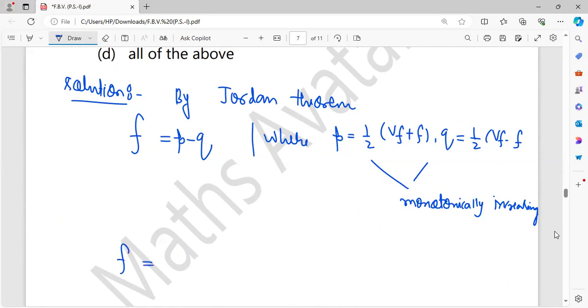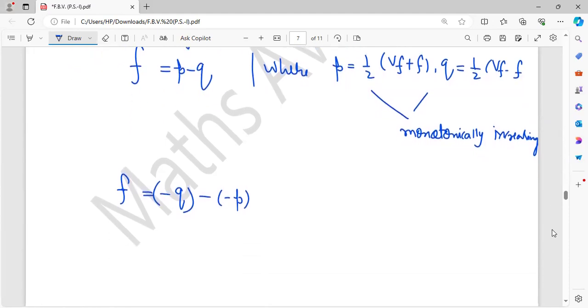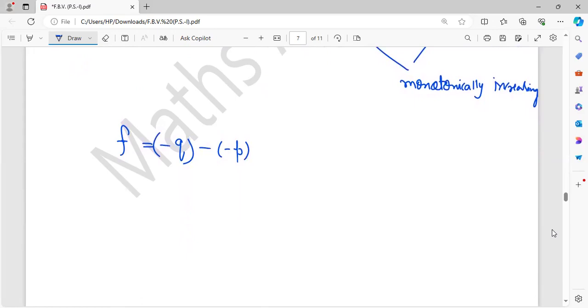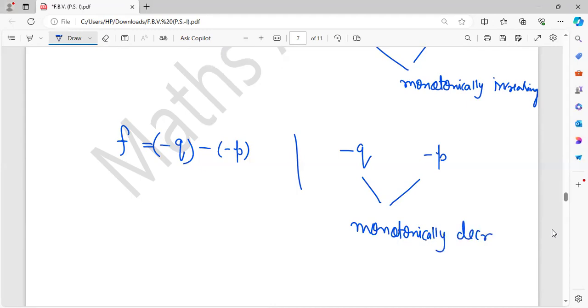So f, I can write the same f like minus q minus p. Now these two functions, minus q and minus p, because p and q are monotonically increasing, you take minus, they will be monotonically decreasing.